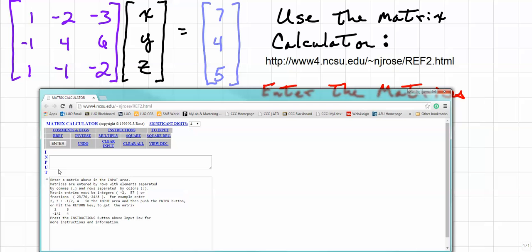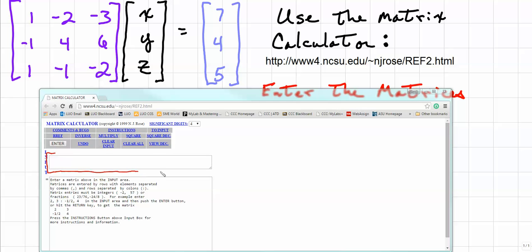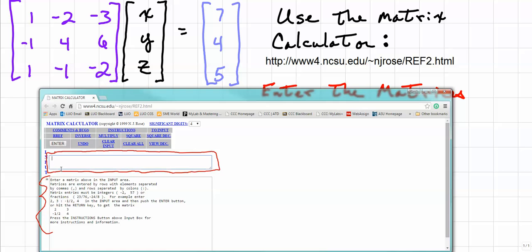Now, notice that I am left clicking in the input field here. And when I say the input field, we're talking about right here. The directions for inputting a matrix are contained very clearly in this area. So we're going to enter our first matrix, which is a 3x3 matrix.